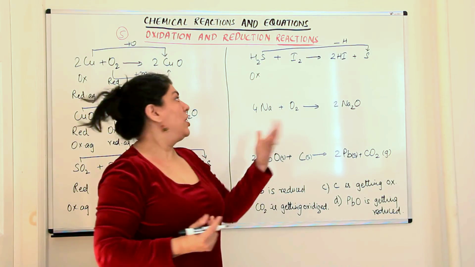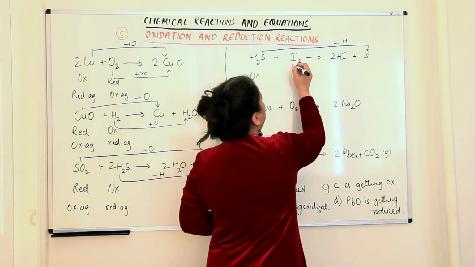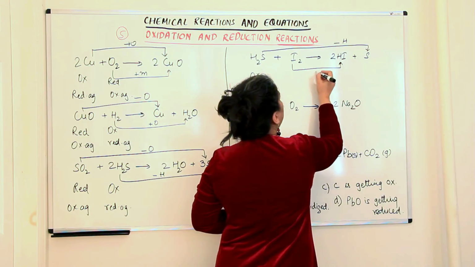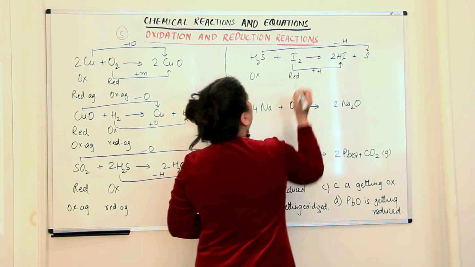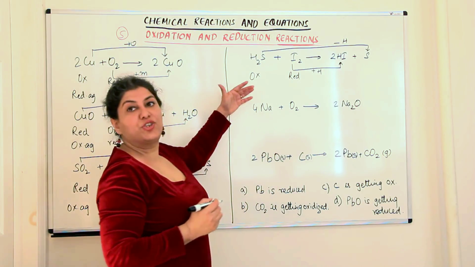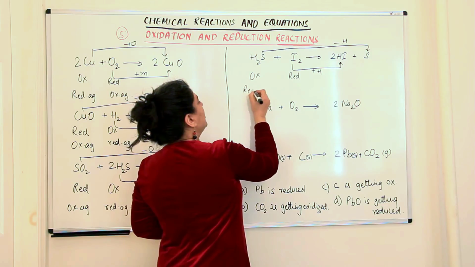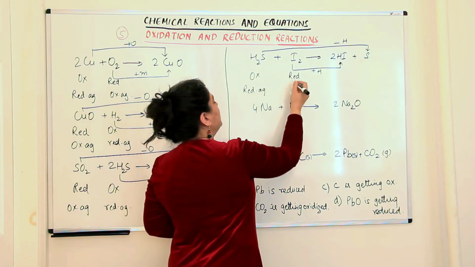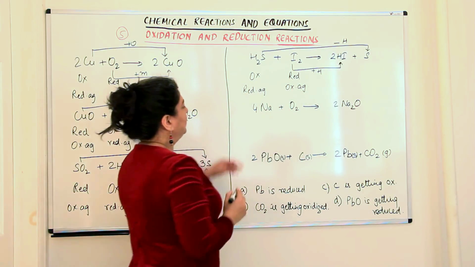Loss of hydrogen is oxidation. And what is happening to iodine on the other hand? It is gaining hydrogen, and gaining hydrogen is reduction. So iodine gets reduced, H2S gets oxidized, and the substance that gets oxidized is the reducing agent, and the substance that gets reduced is the oxidizing agent, and that's done.